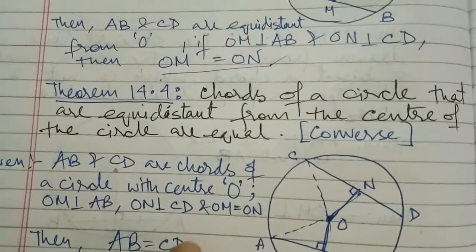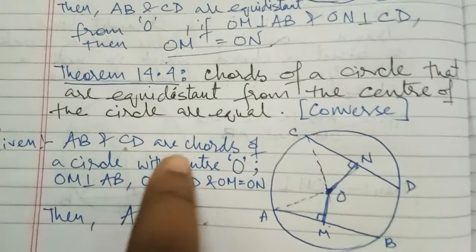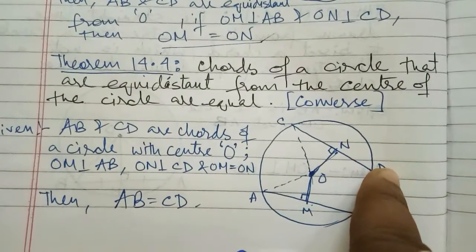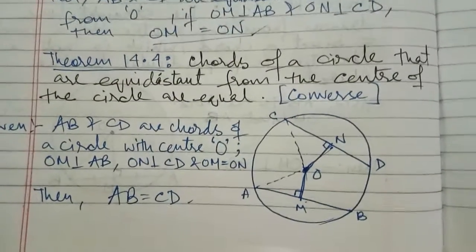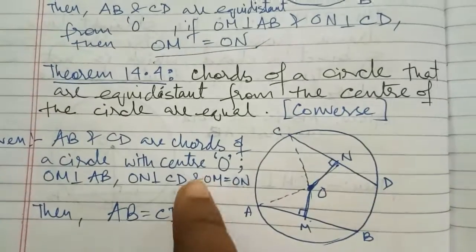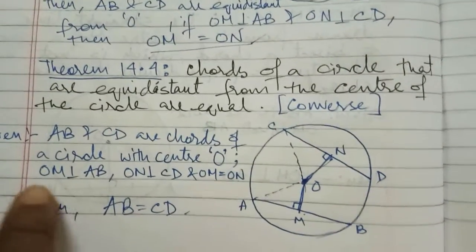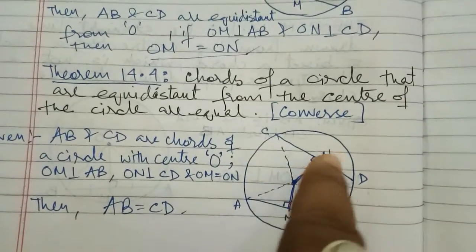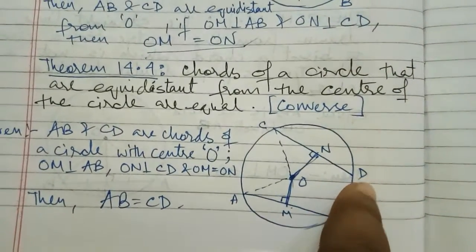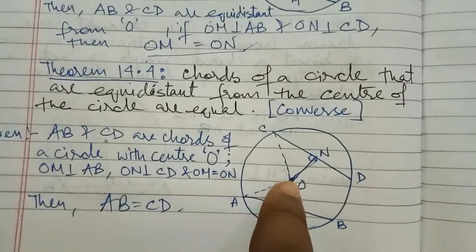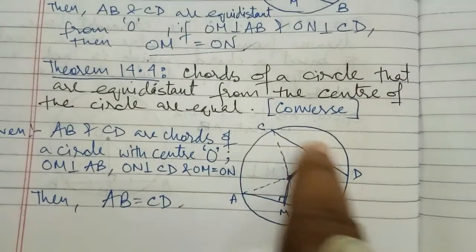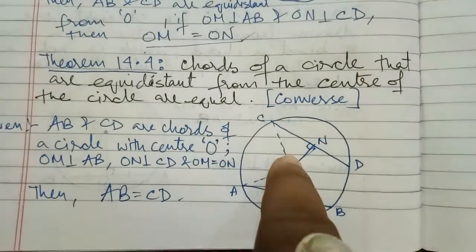Now from here see, AB and CD are chords of a circle given. Here also the chords are given. These are the chords. Now they are not equal. They have given their chords with center O. Now OM is perpendicular to AB and ON is perpendicular to CD, and OM equals ON.